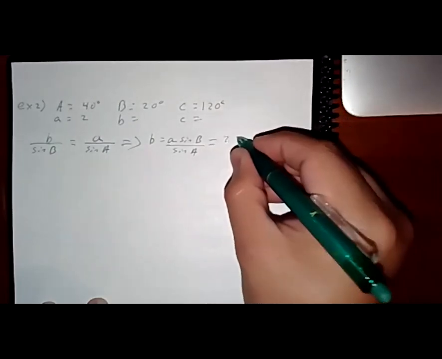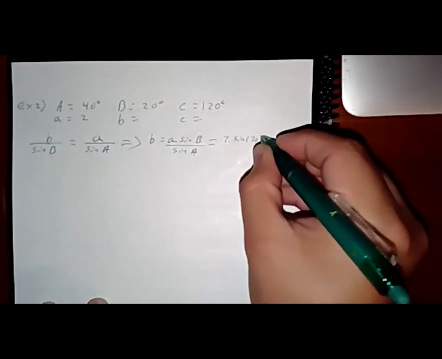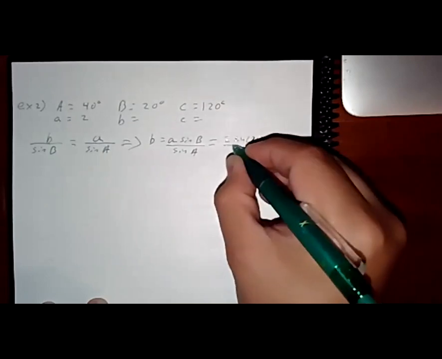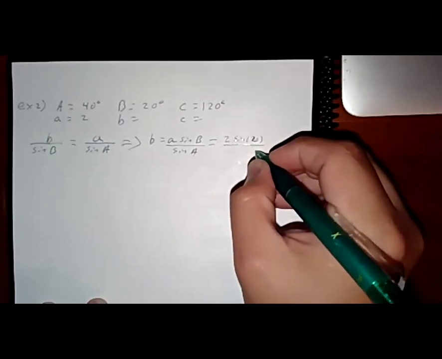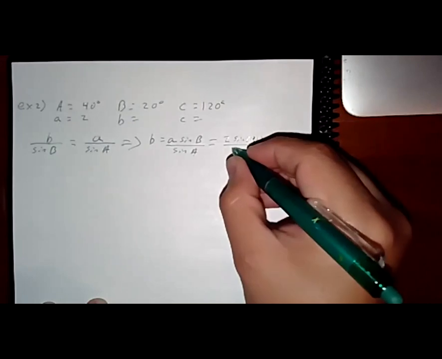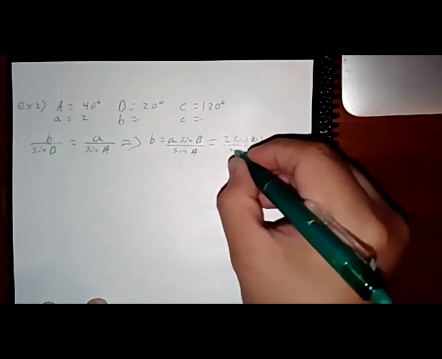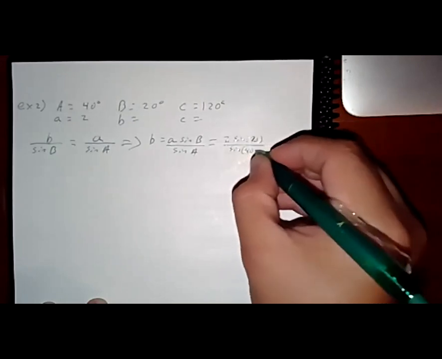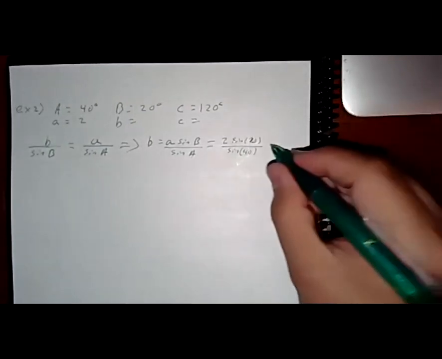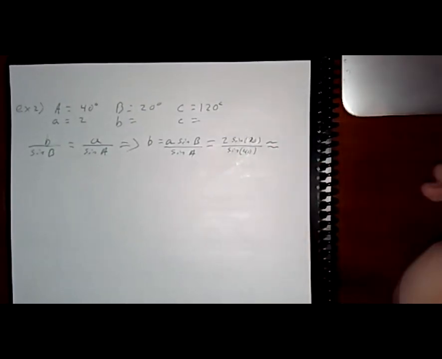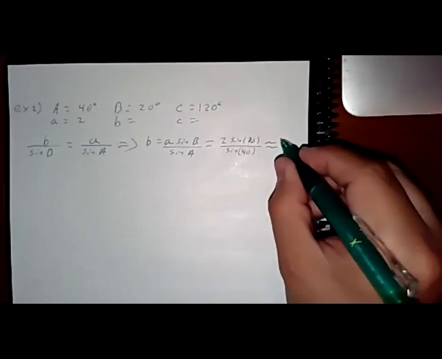That'll be 2 sine 20 over sine 40. That's about 1.06.